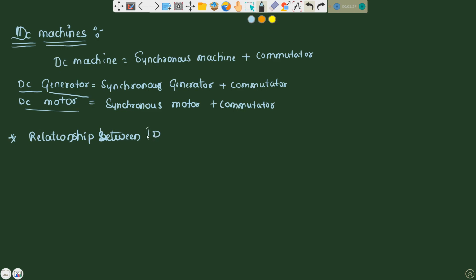Input power and output power, correct? So if we consider, input power is what? Mechanical power input of the generator.